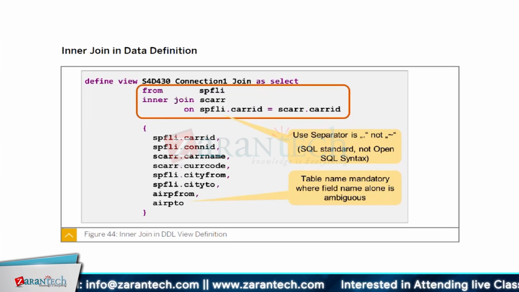Only when the data is there in both tables will that employee's records be fetched. That is called inner join. Did you get me? Yes, sir. Inner join means there should be a record existing in both tables; only that will be selected.